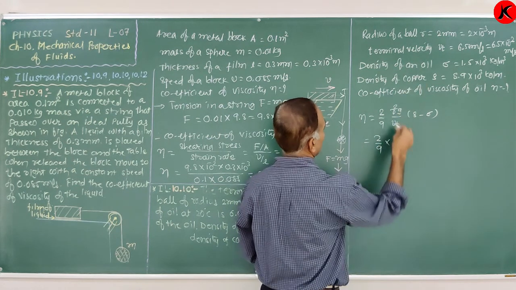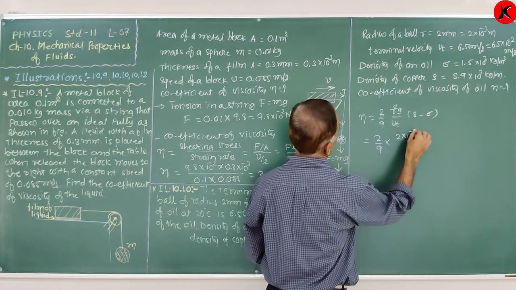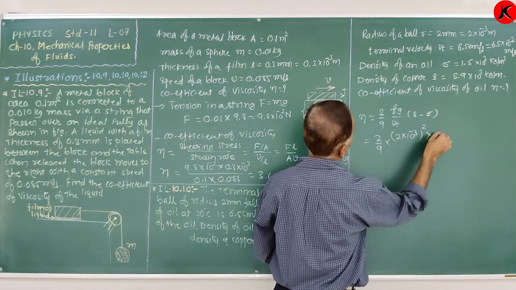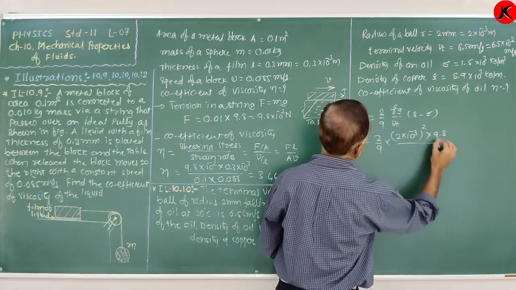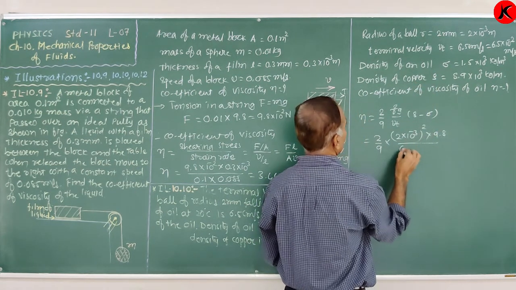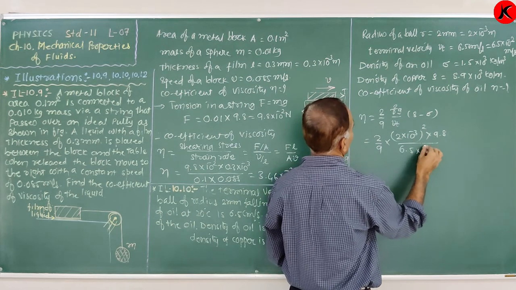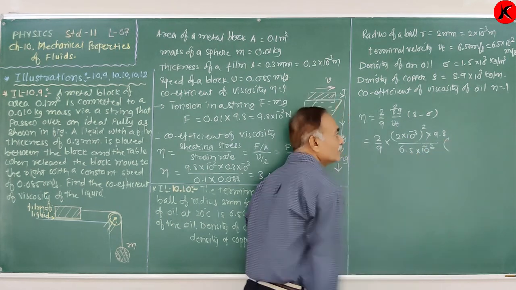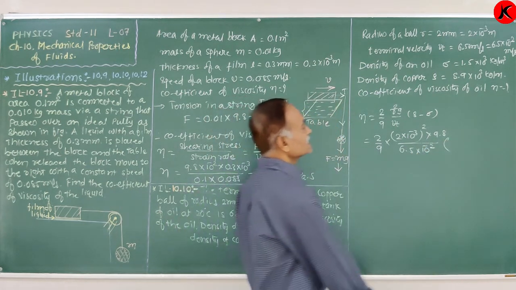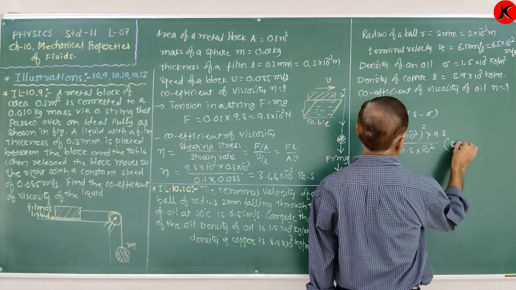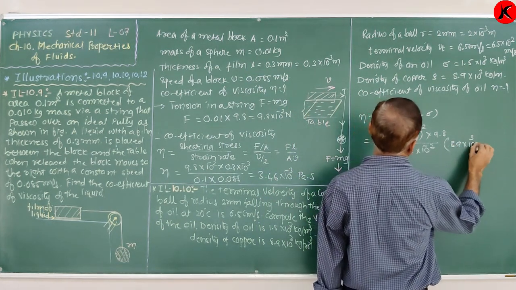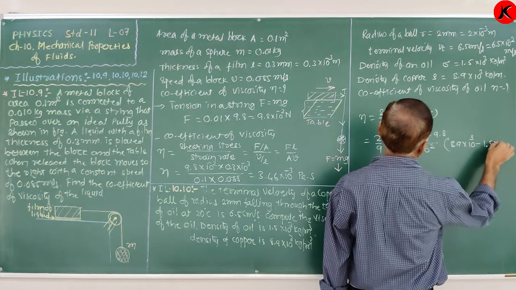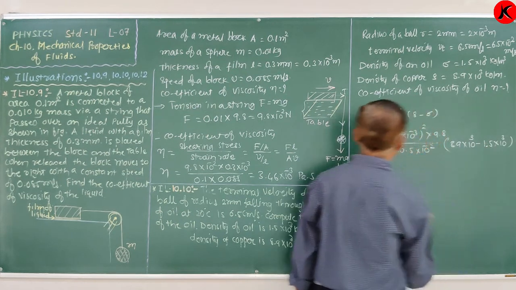Radius is given as 2 into 10 to the power minus 3, whole square, g is 9.8. Terminal velocity Vt is 6.5 into 10 to the power minus 2. Here rho minus sigma, rho is 8.9 into 10 to the power 3 minus 1.5 into 10 to the power 3.